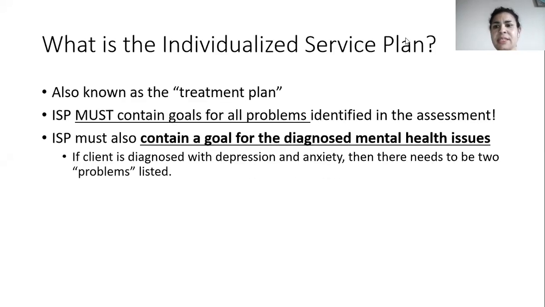So basically, treatment plans are also called an individualized service plan, ISP, whatever. And then in the treatment plan, you need to have goals for all of the problems that are identified in the assessment. So if a client has both mental health issues as well as issues maybe with finding employment or finding housing, you're going to want to include a goal for that as well.